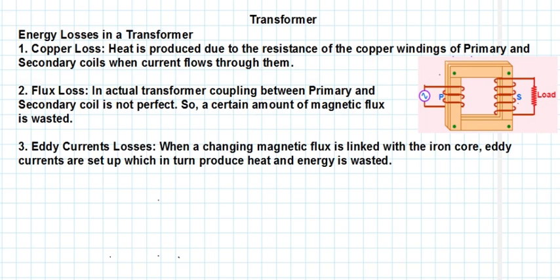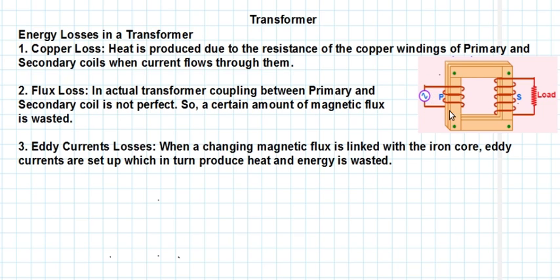The next one is eddy current loss. When a changing magnetic flux is linked with the iron core, eddy currents are set up, which in turn produce heat and energy is wasted. So we have already learned that eddy current is produced in a block of metal, right?